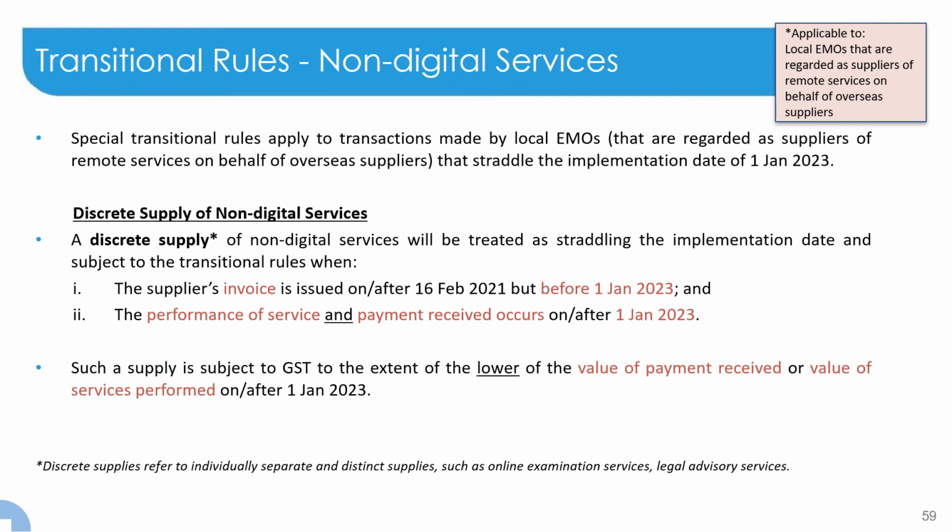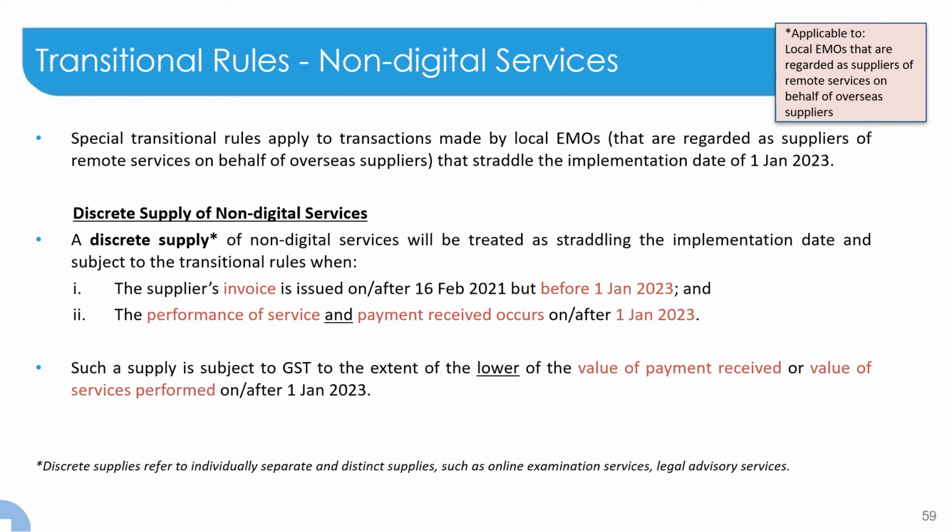Discrete supplies refer to individually separate and distinct supplies, such as online examination services and legal advisory services. Continuous supplies refer to supplies that are progressively and continuously performed over a period of time, such as wealth management services and subscription to memberships in professional associations.